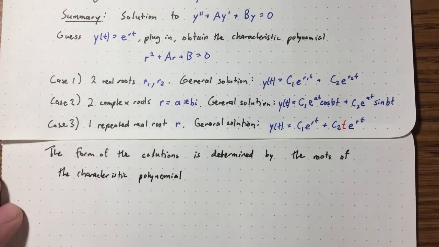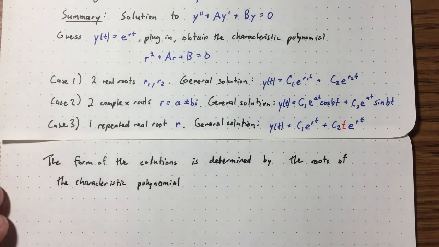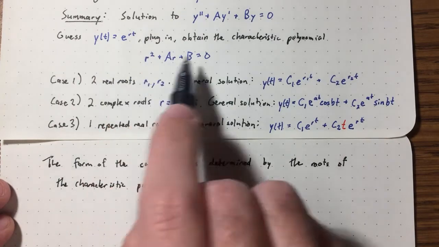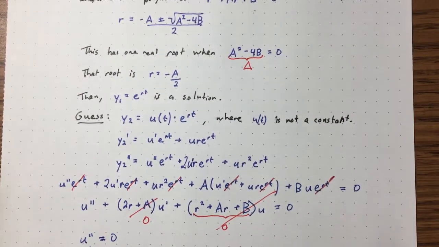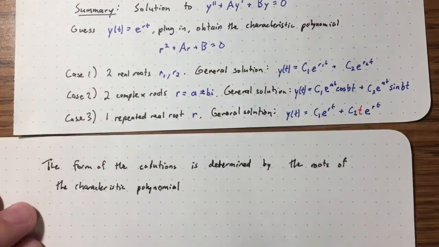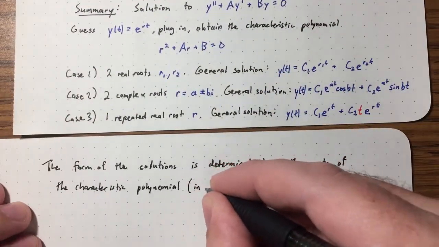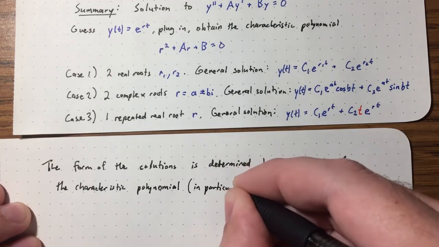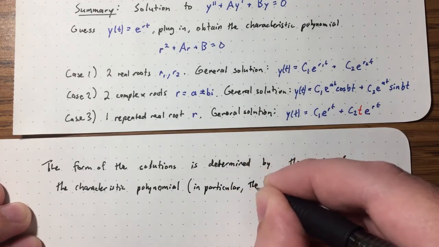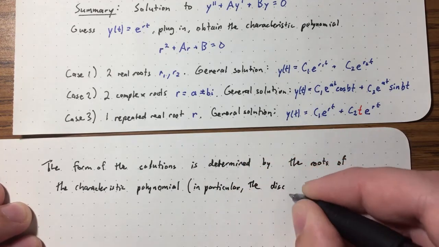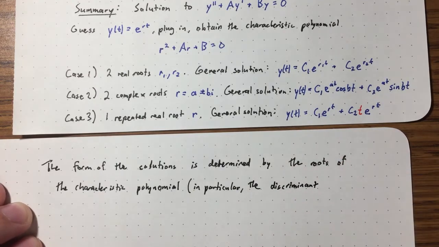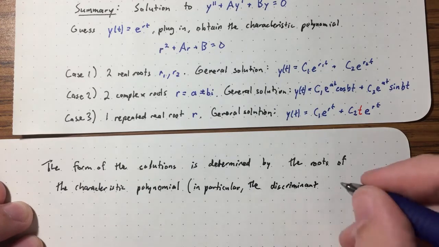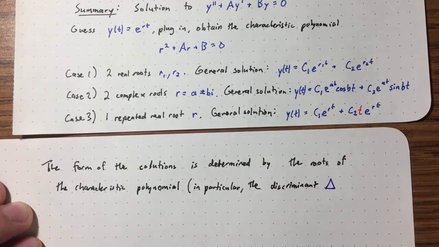and what determines whether we have 2 real roots, 2 complex roots, or 1 repeated real root for a quadratic equation? It's that discriminant that we saw. In particular, the discriminant of the quadratic equation is just one number you can look at, and that tells you what case you're in.